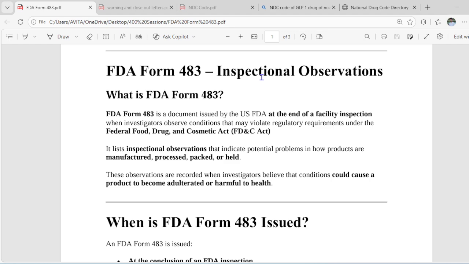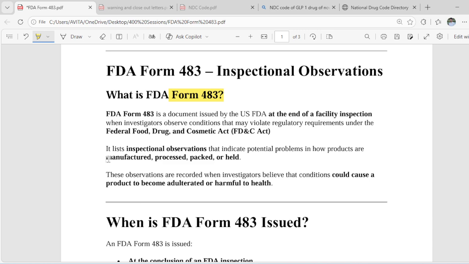This FDA Form 483 is the document issued by the US FDA at the end of the inspection when the investigator observes conditions that may violate the regulatory requirements under the Federal Food, Drug and Cosmetic Act, that is the FDC Act. So whenever the FDA conducts any inspection and observes any deficiencies or discrepancies, the FDA issues this Form 483.